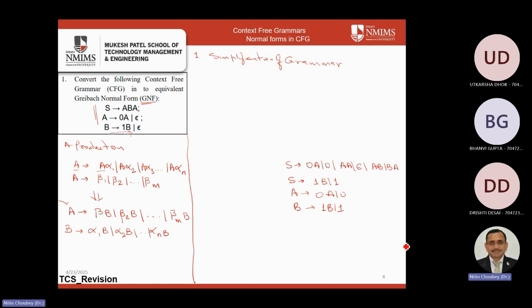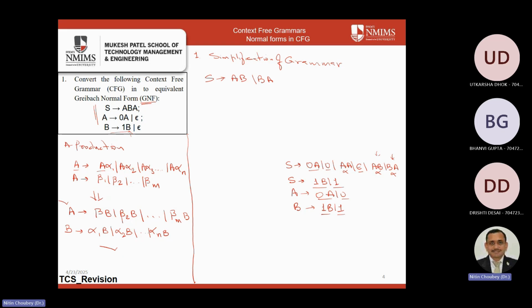So let's look for which production rules are not in GNF form. This is GNF, this is GNF, this is not in GNF, this is GNF, not in GNF, and the rest are GNF. So basically just two productions are not in GNF form, that is S gives AB and BA. We don't need the left recursion removal because we do not have left recursion.